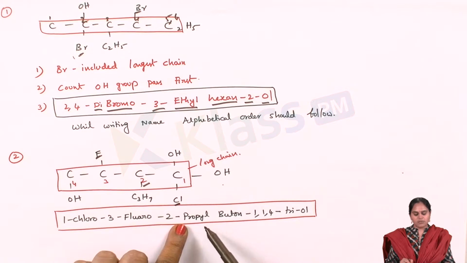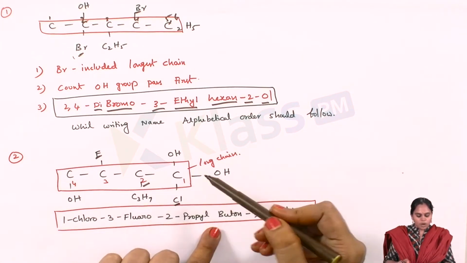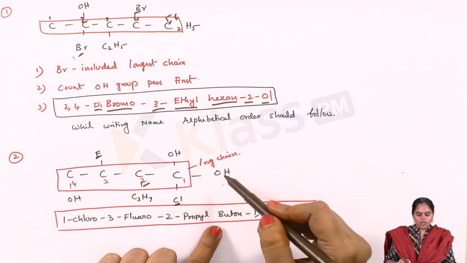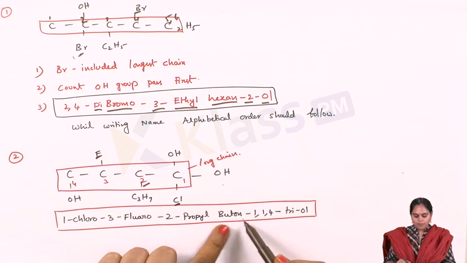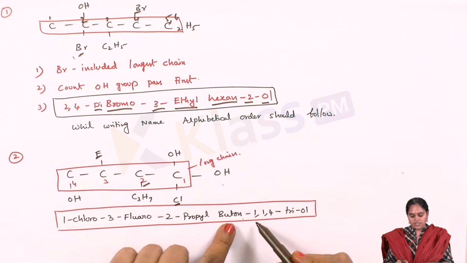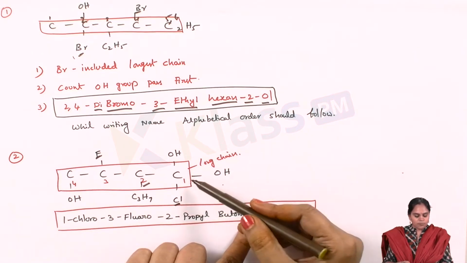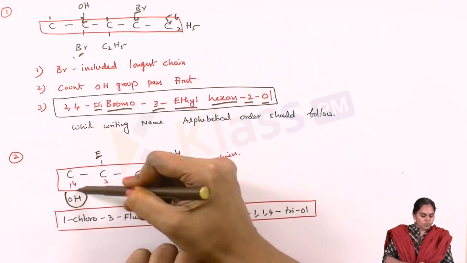Alkane minus H will give alkyl. That is the formula. See here, C3H8 minus H will give you propyl, that is C3H7. In how many carbon chain? 1, 2, 3, 4. 4 means butane. When we are giving the alcohol name, you have to give the naming convention accordingly. It means a 4 carbon chain. In the first place, 1, what is there? And even in the fourth place another OH is there.